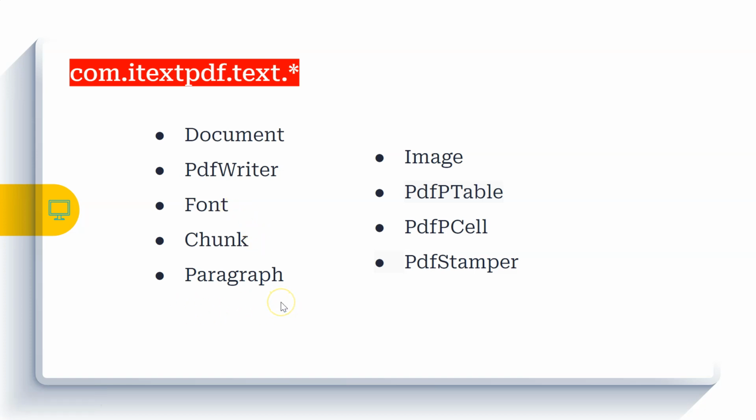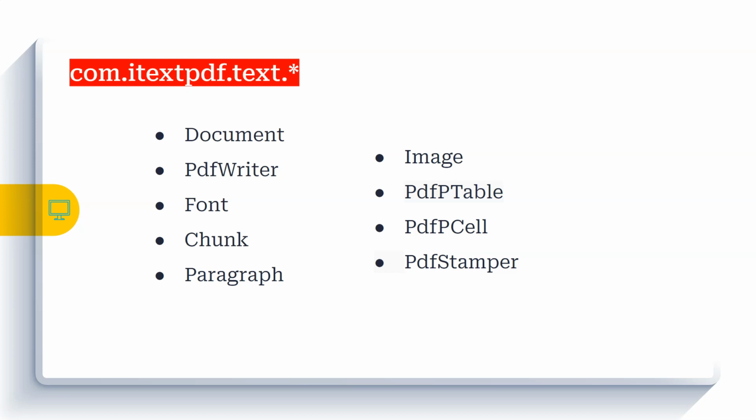Then the Paragraph class creates a paragraph in the PDF, which is like having multiple lines. Then the Image class is to insert an image into the PDF document. The PdfPTable class is to create a PDF table having rows and cells. And then PdfStamper is the class that we will use to encrypt and secure our PDF document. Alright guys, I will talk about each one.